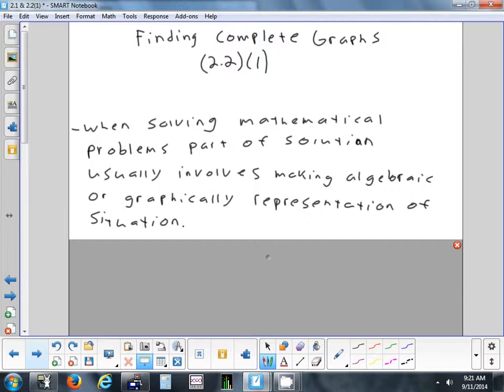Okay, so last part we're going to look at today is the first half of 2.2. And it has to do with finding complete graphs. So some of this we've already kind of done as we've been going along. How do we zoom? How do we find the difference between a window that shows the problem situation versus a window that shows all the important algebraic features?